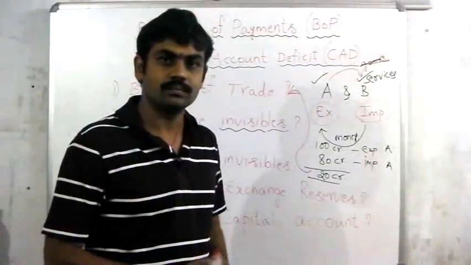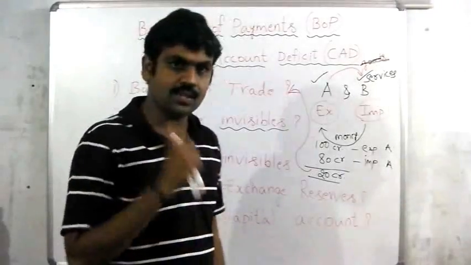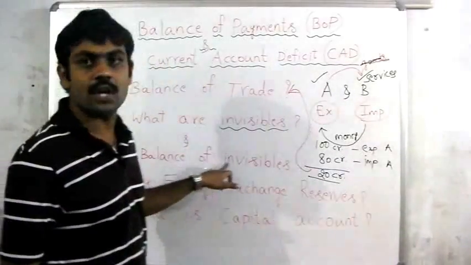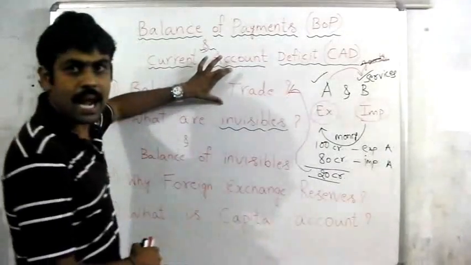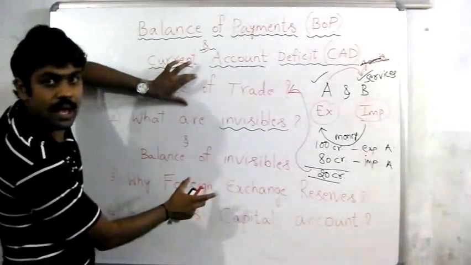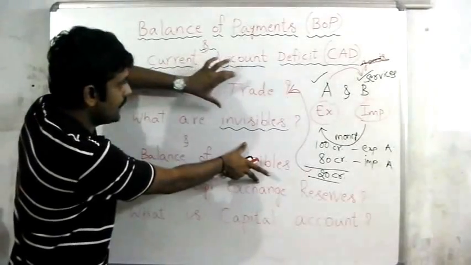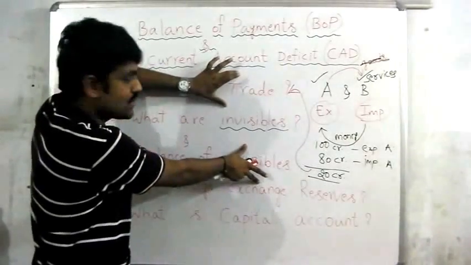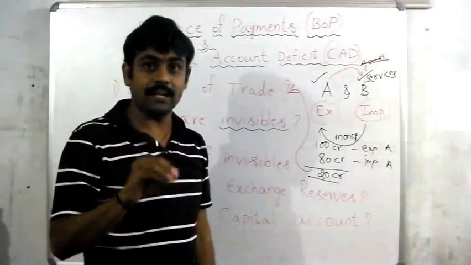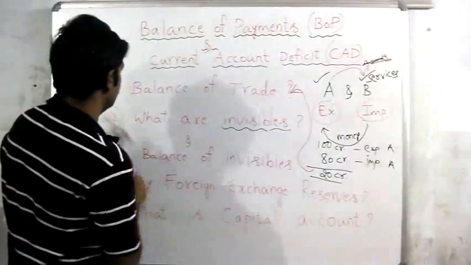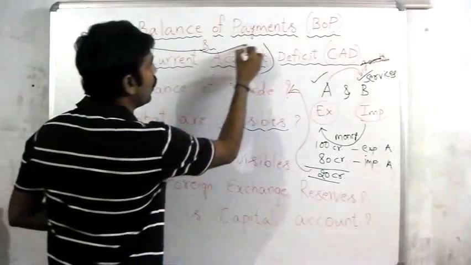Now this balance of trade plus this balance of invisibles, we are adding the balance of trade as well as the balance of invisibles. The addition or the sum of balance of trade plus balance of invisibles combinedly forms the current account.